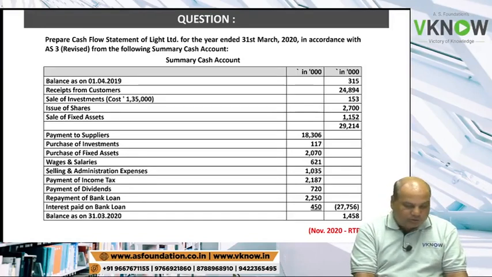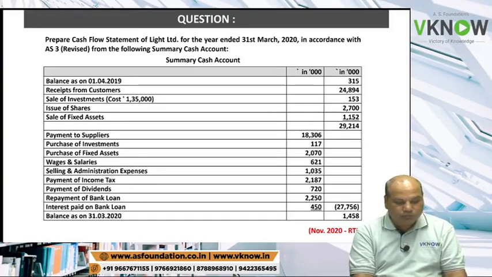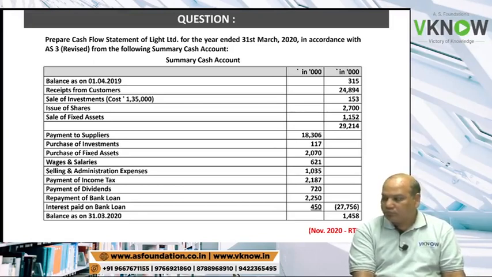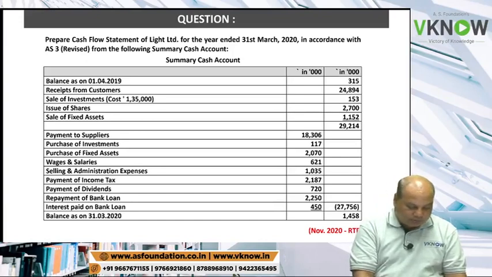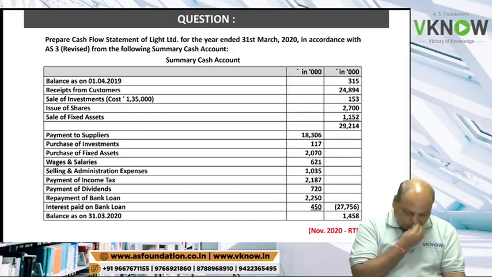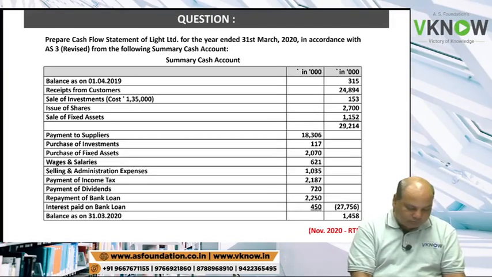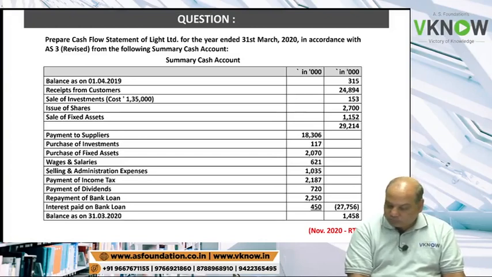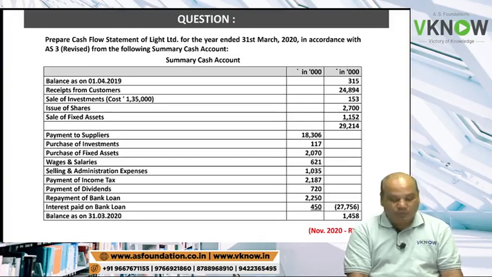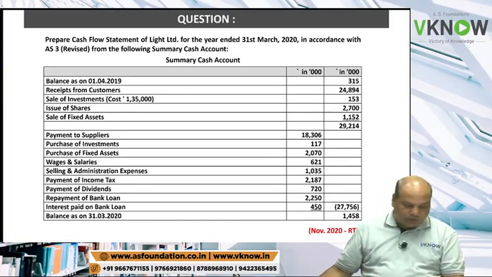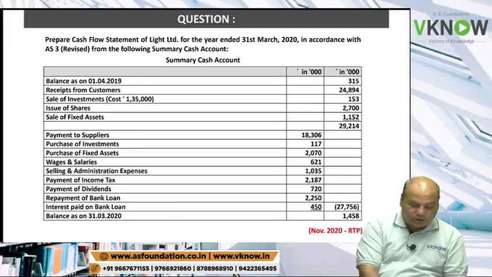Then write down summary cash account, right hand side two columns, figures in rupees in thousand. Balance as on 1st April 2019.